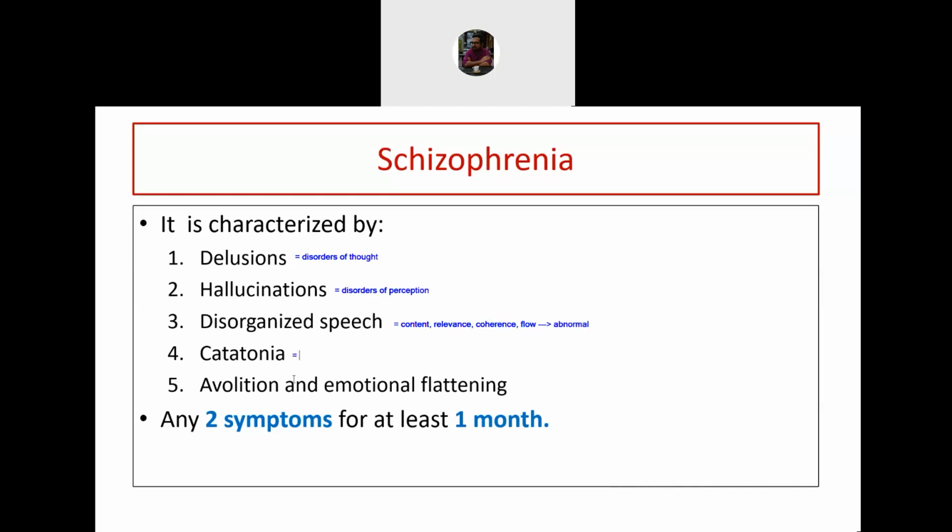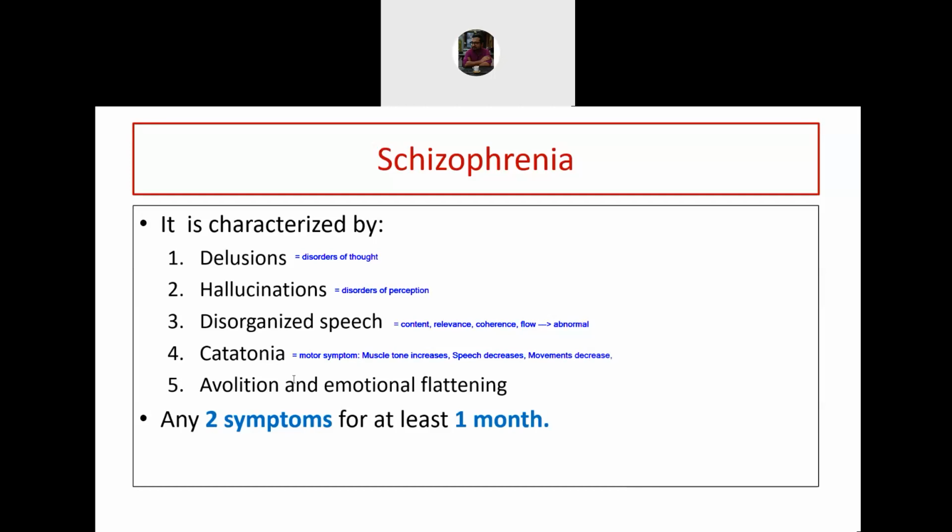Catatonia is a motor symptom. When a person experiences catatonia, the person becomes rigid, so the muscle tone increases. Speech decreases. Movements decrease.